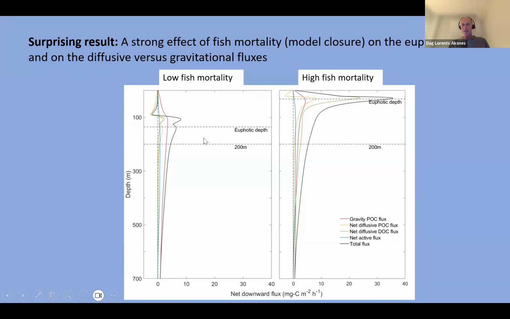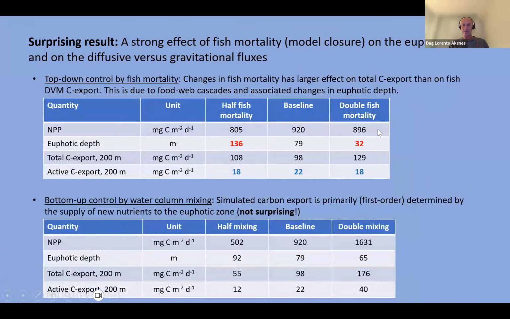And you can see here that when we put the mortality at half of the baseline, the euphotic depth is around 130 meters. When we double the fish mortality, it is much shallower, about 30 meters. And also the flux composition is very different. I will show that in the next slide.